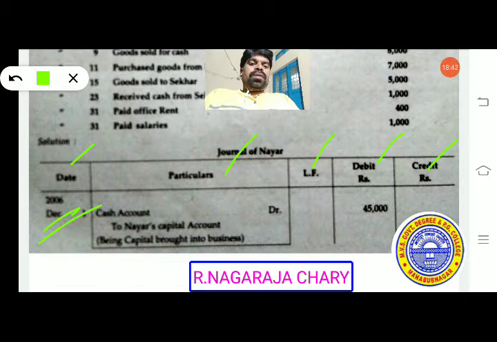Below that we have a small description, that is narration. After that, the ledger folio column is to record page numbers. After that, one column for the debit aspect and another for the credit aspect. So these are the columns we see in the journal.